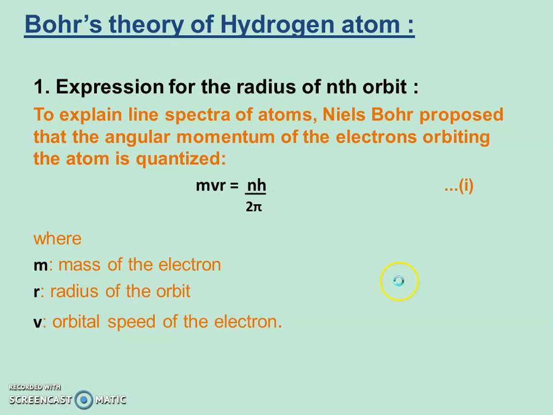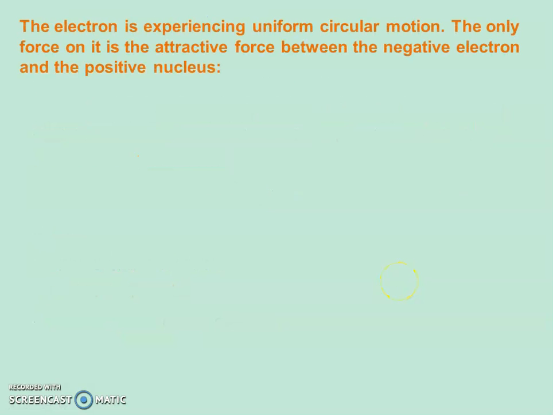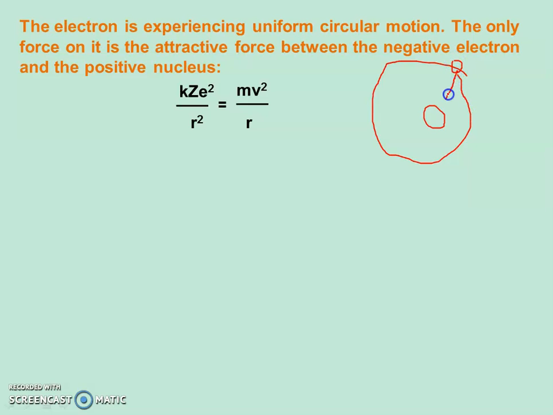Now second thing, since the electron is moving around the nucleus, the source of the centripetal force is the electrostatic force between electron and nucleus.